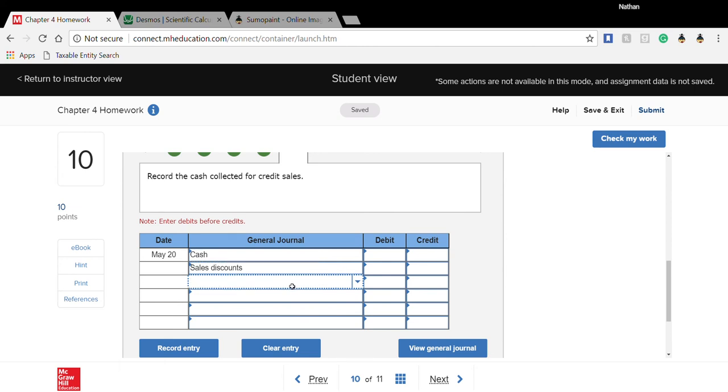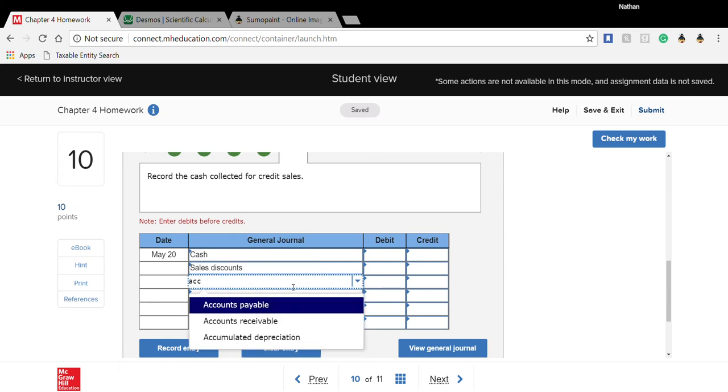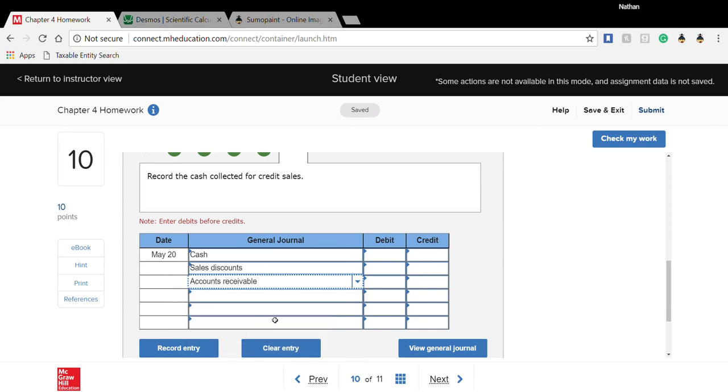And then of course they paid off what they had left in accounts receivable. So there are my accounts. Since they paid off what's left in accounts receivable, we know that's going down, so that's going to be my credit. We received cash, that's going up. And we just have sales discounts, which is also going up and is a debit. So basically the same journal entry we did in prior chapters, just now we're adding sales discounts.